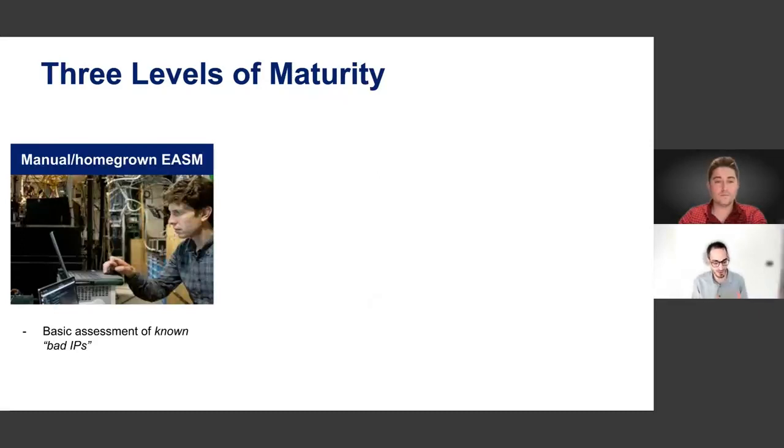So it usually works like the following. You have a security rating solution, or sometimes even your customer tells you, hey, here's a random bad IP that seems to be owned by you and seems to be vulnerable. Please do something about it.